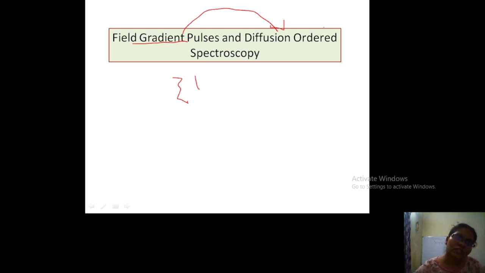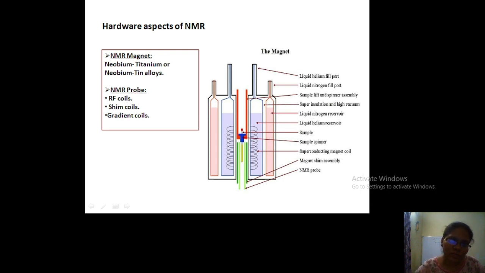But before we move forward to understand field gradient pulses, we need a basic understanding of the hardware of an NMR spectrometer. If not much, we should at least know about two things: what an NMR magnet is and what an NMR probe is.